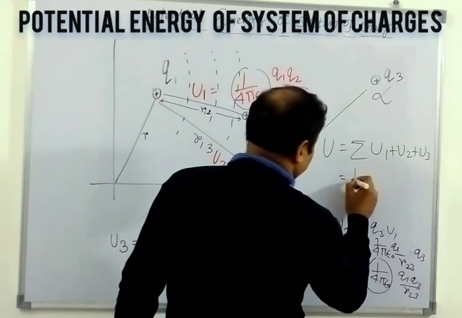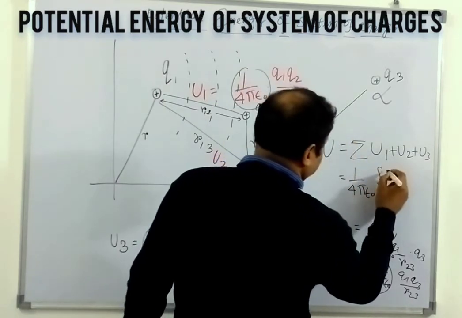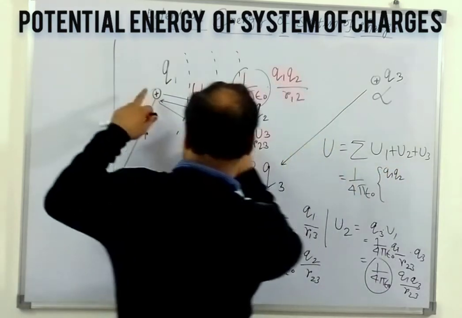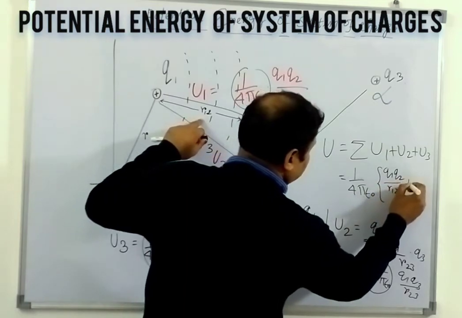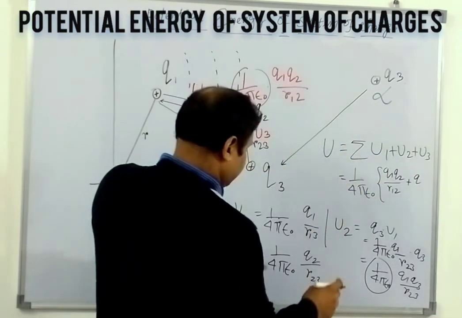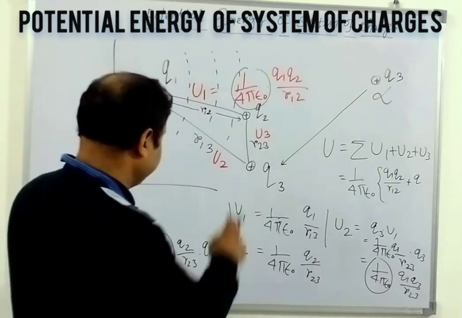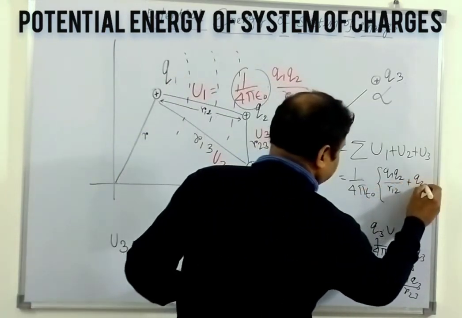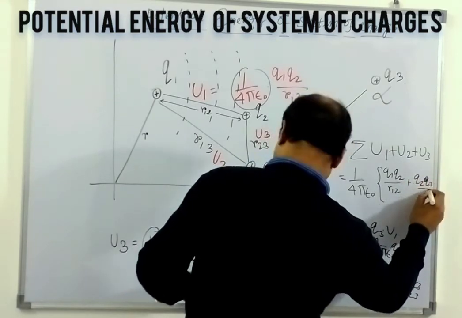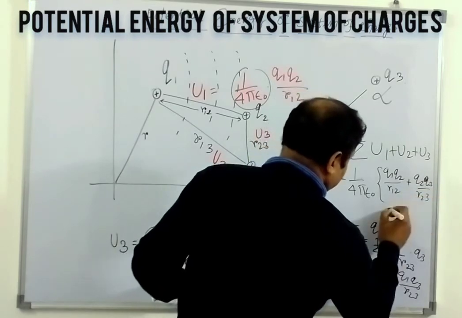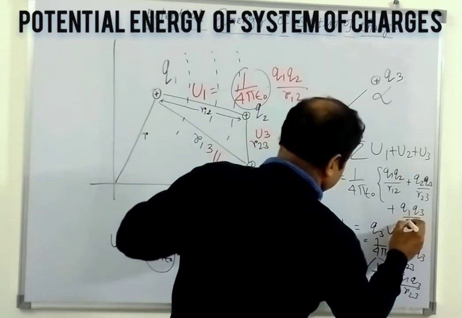So you will see 1 by 4 pi epsilon naught times Q1 Q2 over distance R12, plus Q2 Q3 over R23, plus Q1 Q3 over R13.